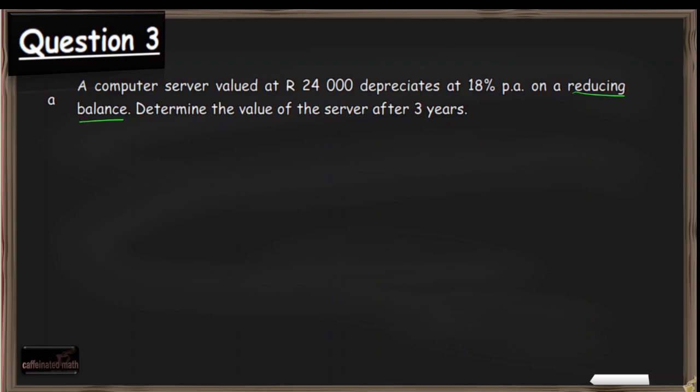Determine the value of the server after 3 years. Well, reducing balance tells us that this thing is reducing using the following formula: A is equal to P(1 minus i) to the power n.